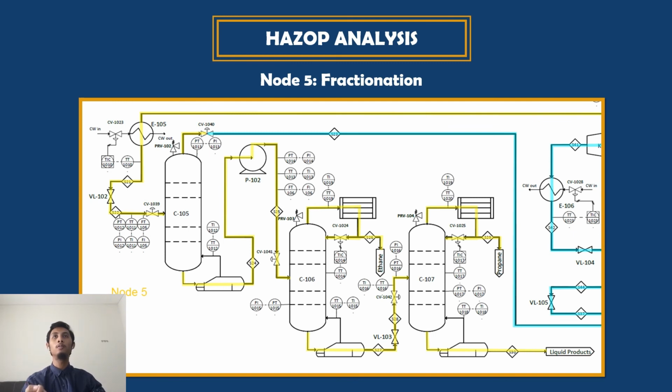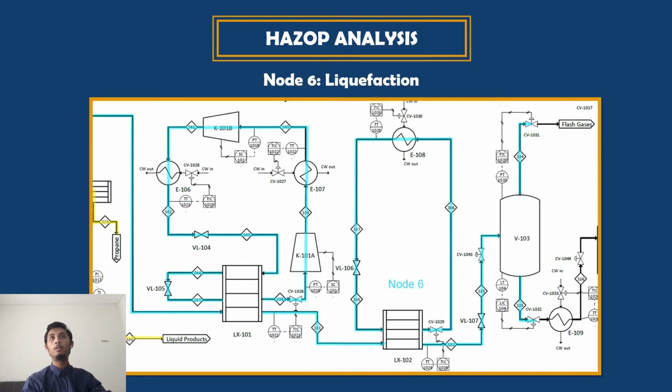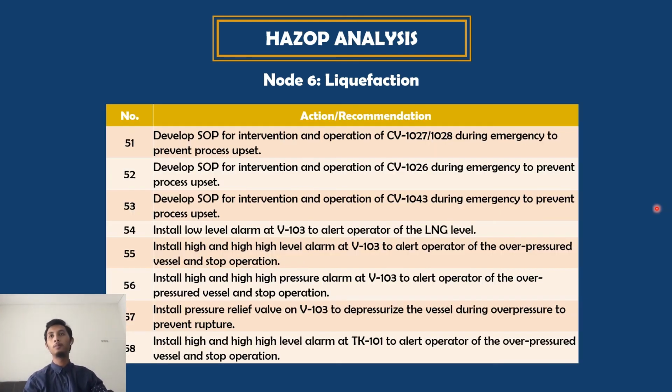Okay, this is Node 5, which is fractionation. Still quite the same recommendation. Okay, this is Node 6, which is the liquefaction. Generally, all the recommendations are quite the same, which is to install low level alarm, high level alarm, to develop standard operating procedure, and to install PRV.